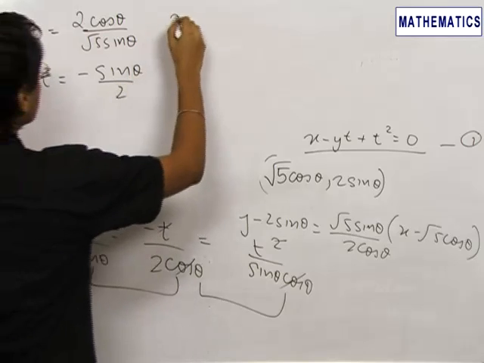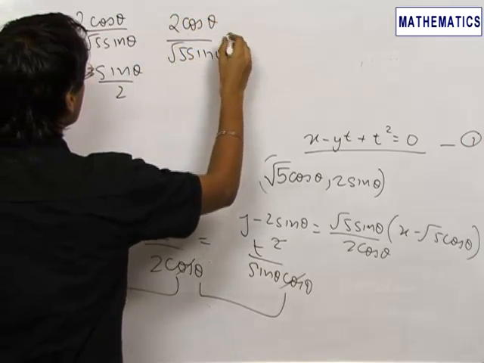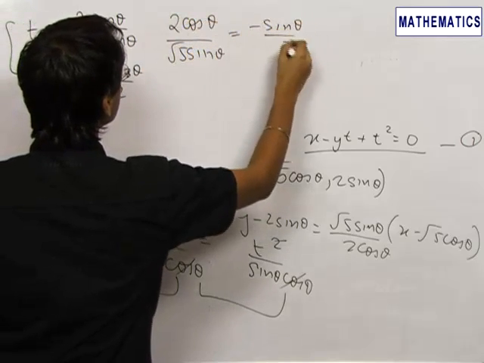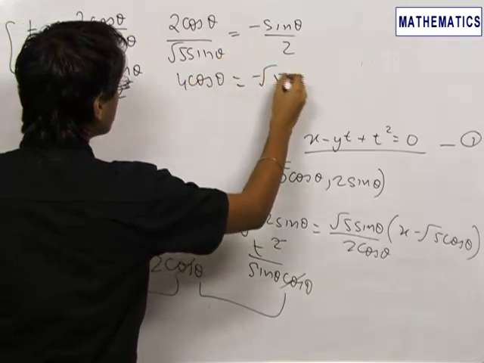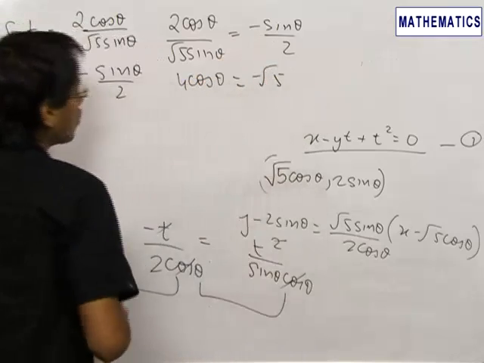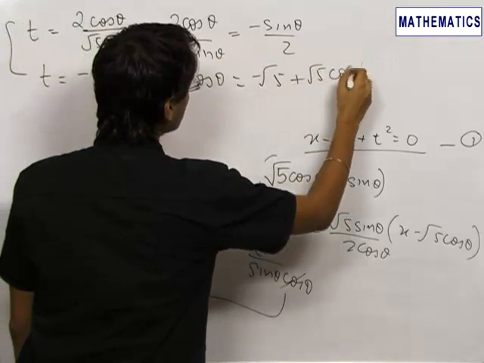Equating both these, we get 2 cos θ / (√5 sin θ) = −sin θ / 2. This gives 4 cos θ = −√5 sin² θ, which is 1 − cos² θ. So this is −√5 + √5 cos² θ.